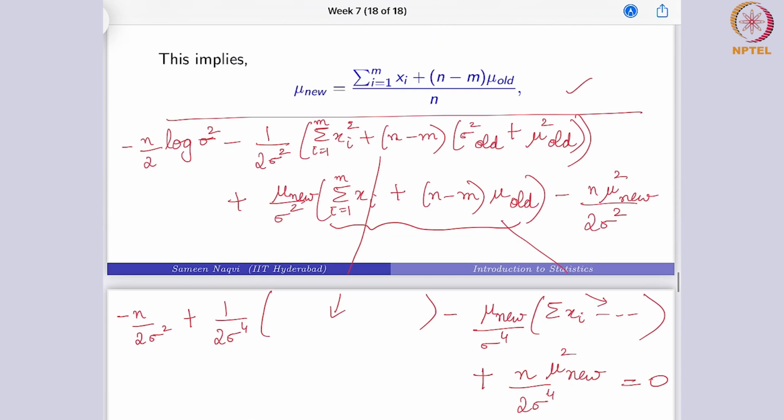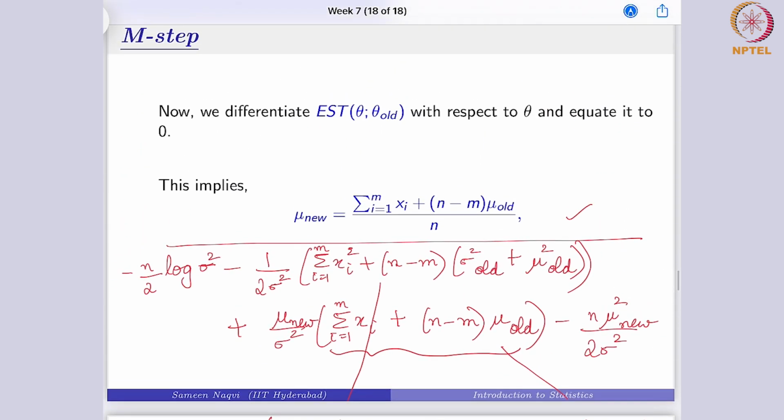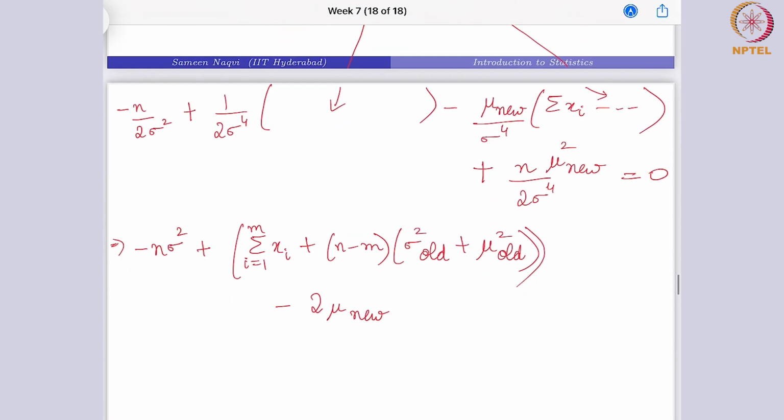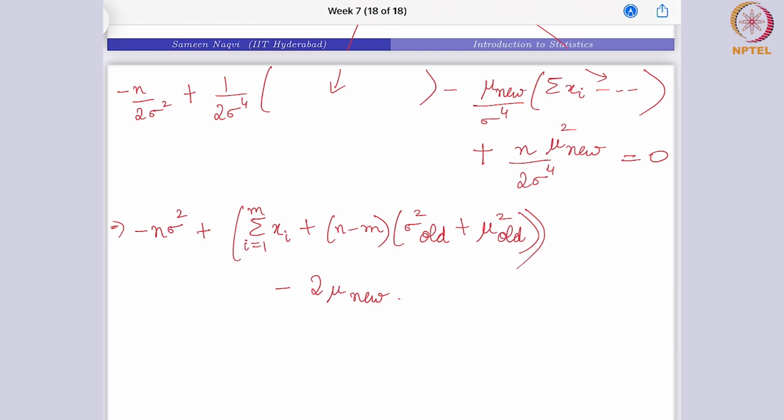If you look at this term summation xi plus n minus m times mu old, this is the numerator, which is nothing but n times mu new. So we are replacing it, and it would be minus 2 mu new into n times mu new, plus n mu new square. This is equated to 0.